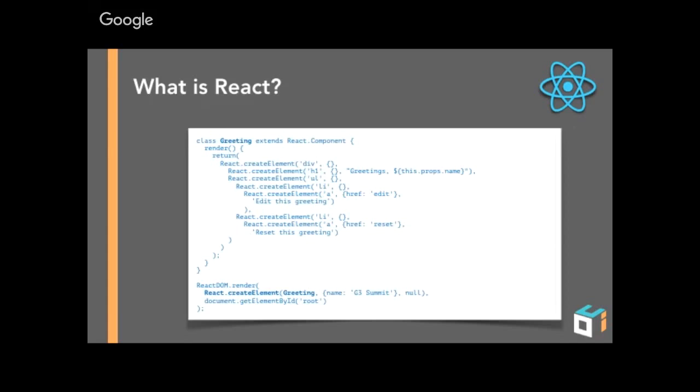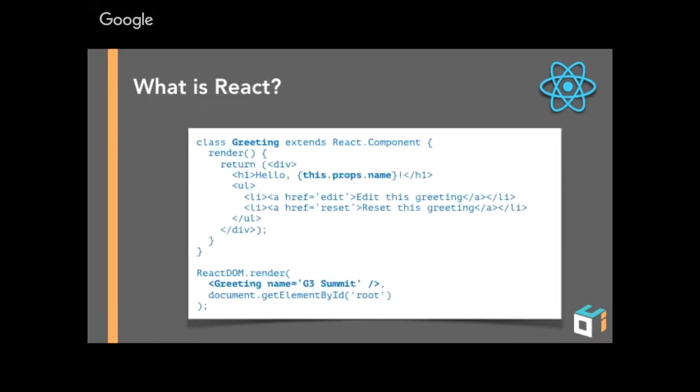And this is the problem with expressing UIs through function calls in JavaScript, is that it begins to get pretty unwieldy and difficult to read and to reason about. And so if I convert this plain JavaScript back to JSX, it's much more apparent what's going on. Right? And so for those of us who are web developers, HTML and XML is almost as good as visualizing our code, right?